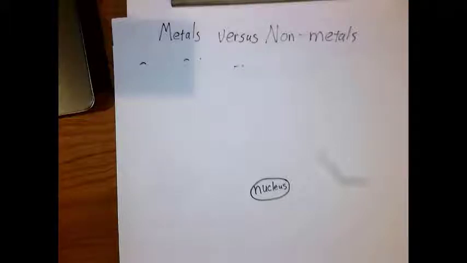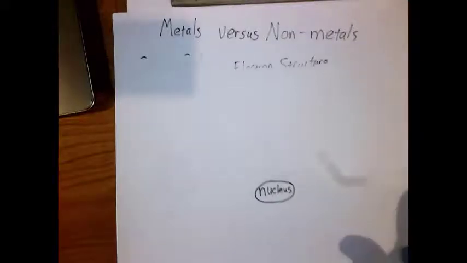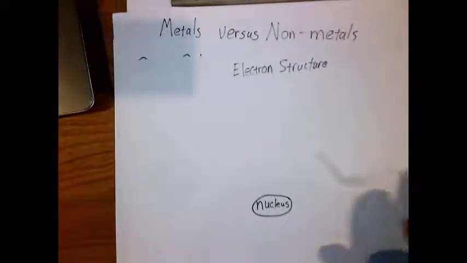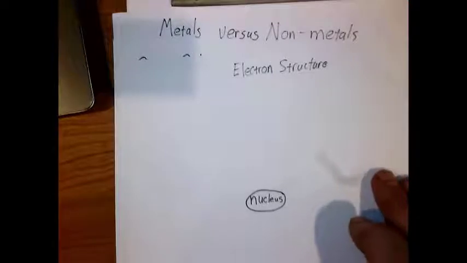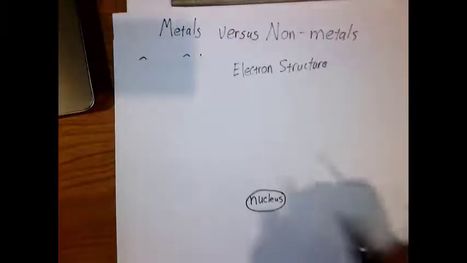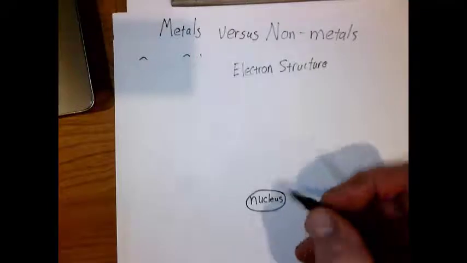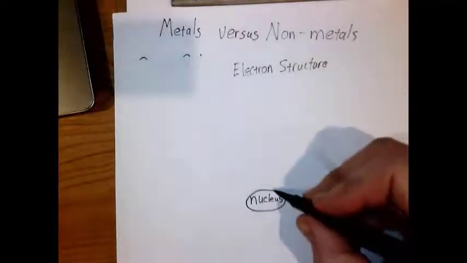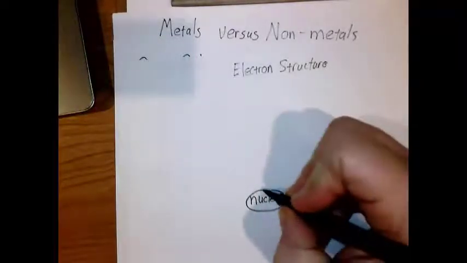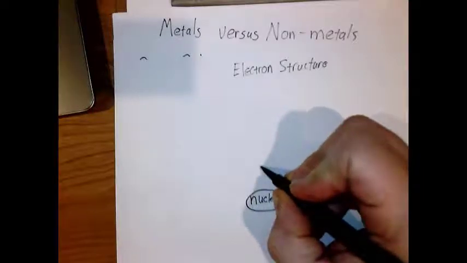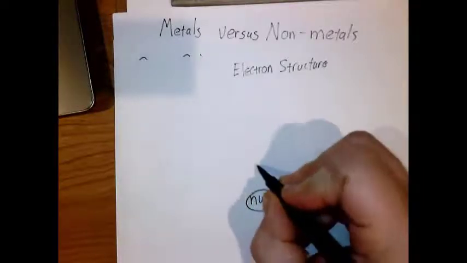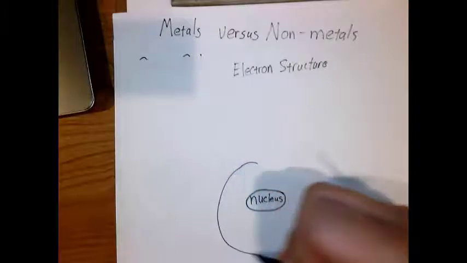All right, I want to take some time to understand how the electron cloud is structured. All right, so each of our atoms has a nucleus, and then if you venture further out into the electron cloud, you run into what's called energy levels.